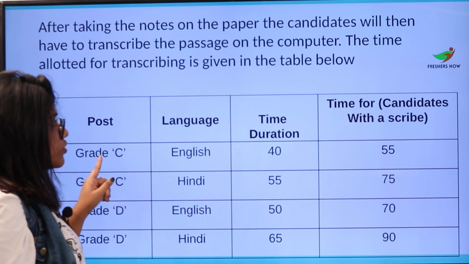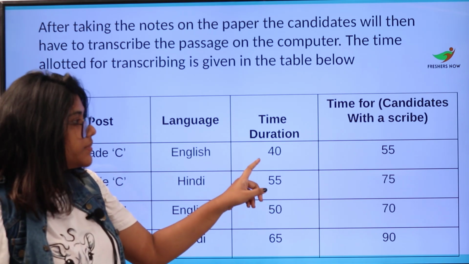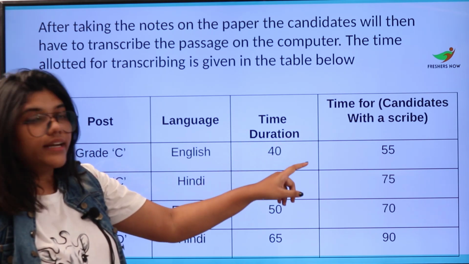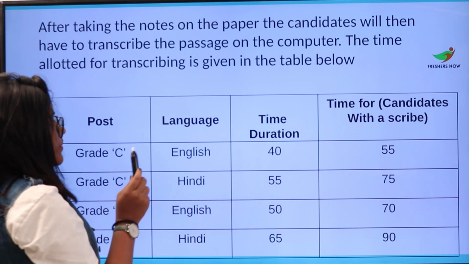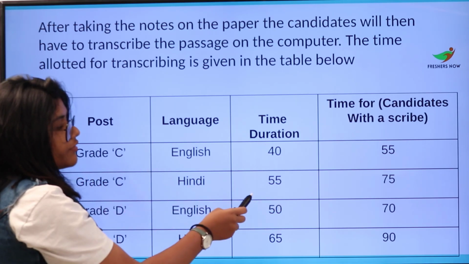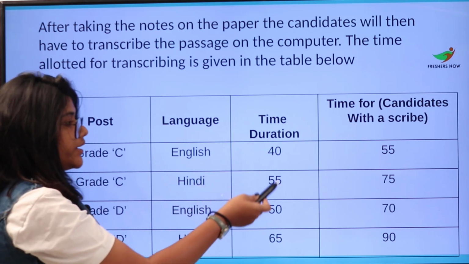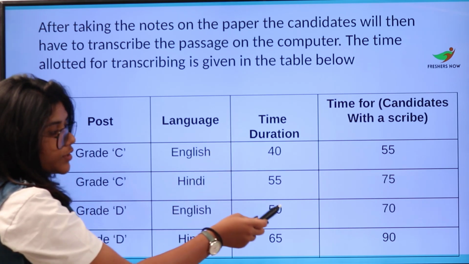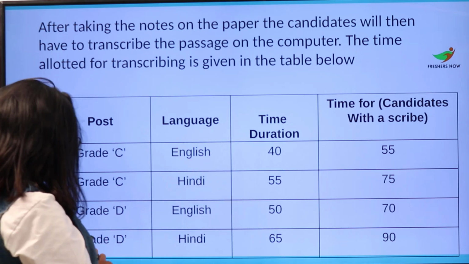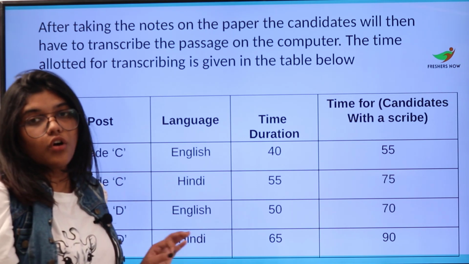For grade C post, for English language, the time duration is 40 minutes and the time for candidates with a scribe is 55 minutes. For grade C Hindi language, 55 minutes will be given, and for candidates who have a scribe, 75 minutes. Grade D English, 50 minutes. For a candidate with a scribe, 70 minutes, and for grade D Hindi, 65 minutes and 90 minutes for a candidate who has a scribe.